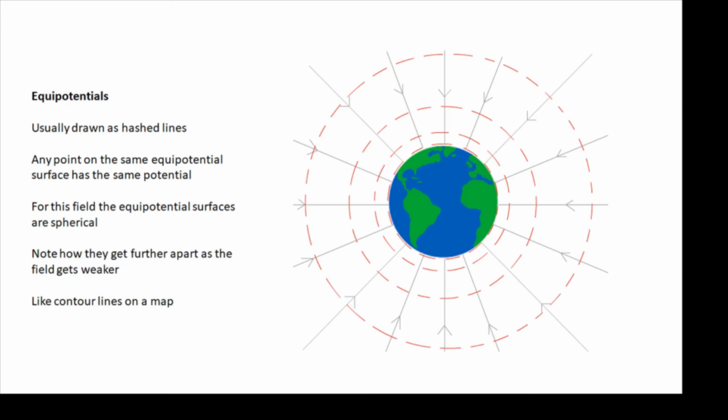They're not actually circles, they're spheres. Notice how they get further apart as you move away from the Earth. As it gets easier to move away from the Earth, for the same energy transferred, you would travel a bigger distance. You can think of equipotentials as like contour lines on a map. On the last slide, I talked about potential wells, and these are the contour lines for my potential well.